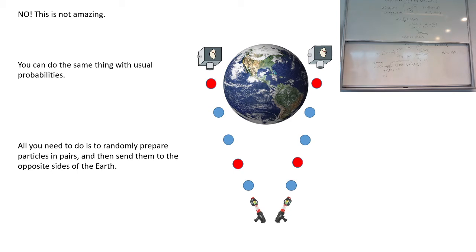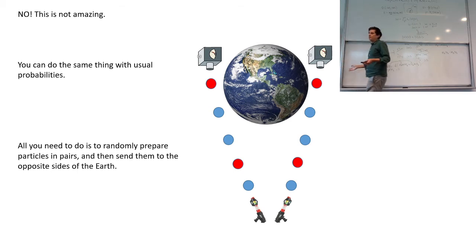Say you've got these two guns, and they're randomly sending particles, half of them blue and half of them red. But the guns are always set up so that they send the same color. So this is a situation where you basically get the same result. When Alice gets a red ball, Bob also gets a red ball. Alice gets a blue ball, Bob will always get a blue ball because we set it up that way.